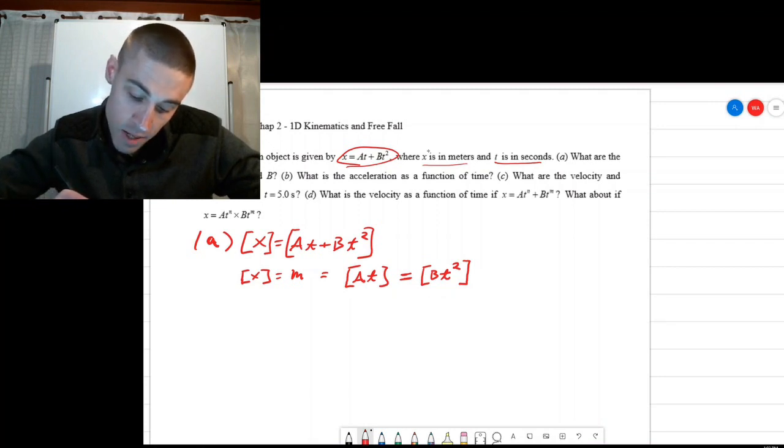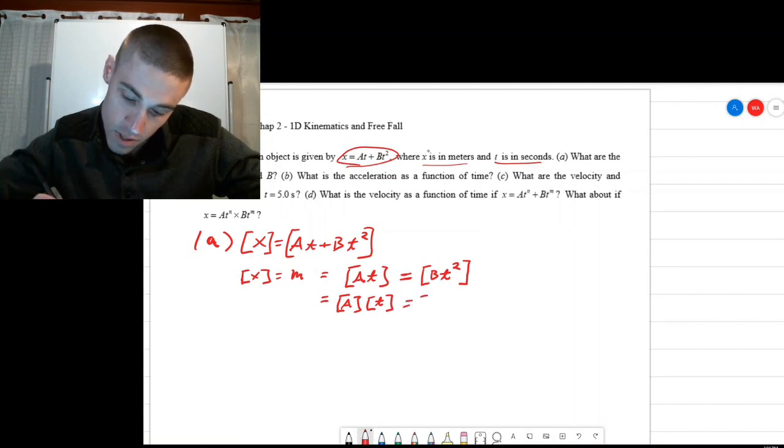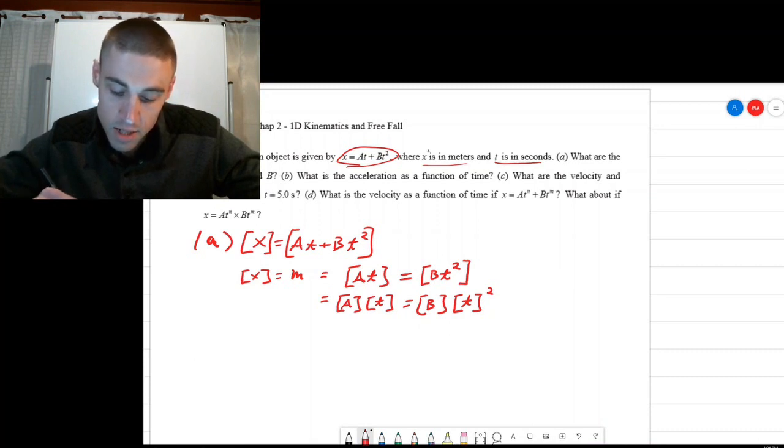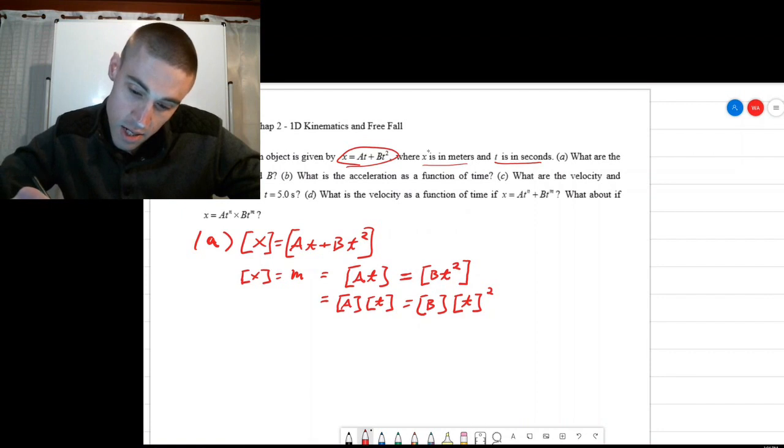So that means that meters is also equal to the units of A times the units of T, because when you multiply two quantities together, the units are just those two units put together. And similarly equal to the units of B times the units of T squared. Time is in seconds, we were given that.